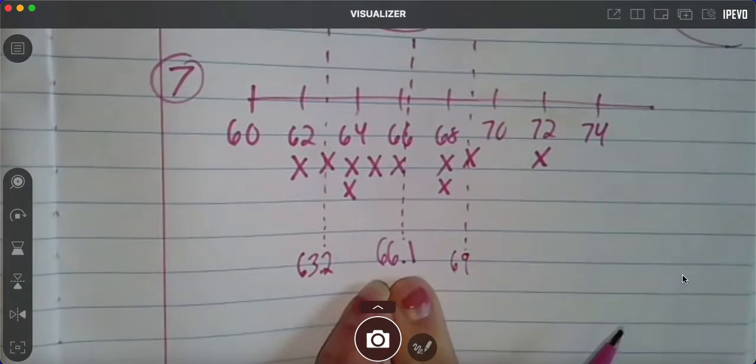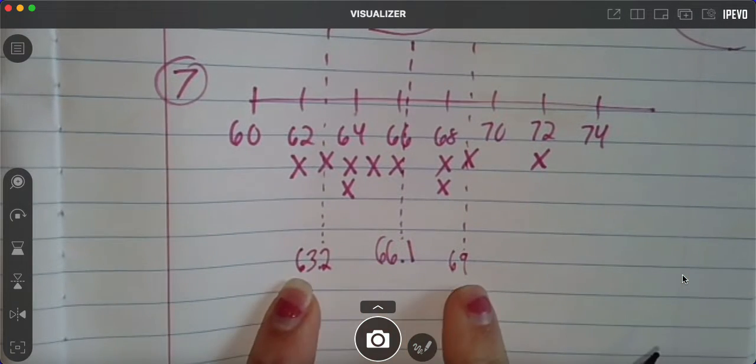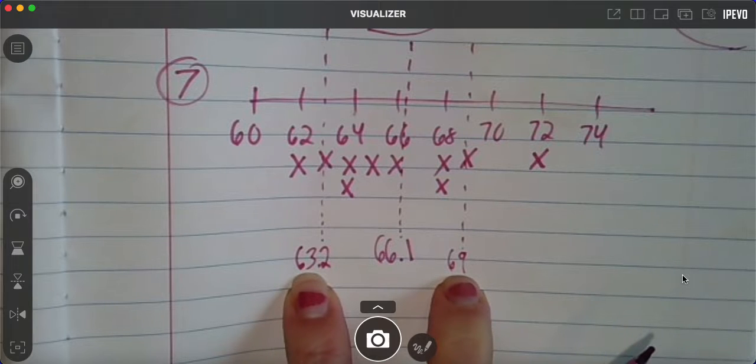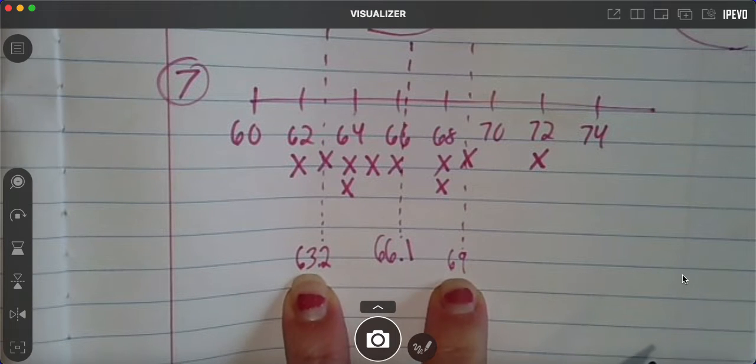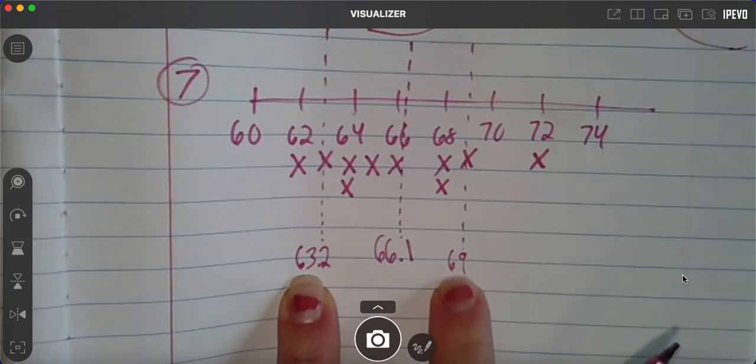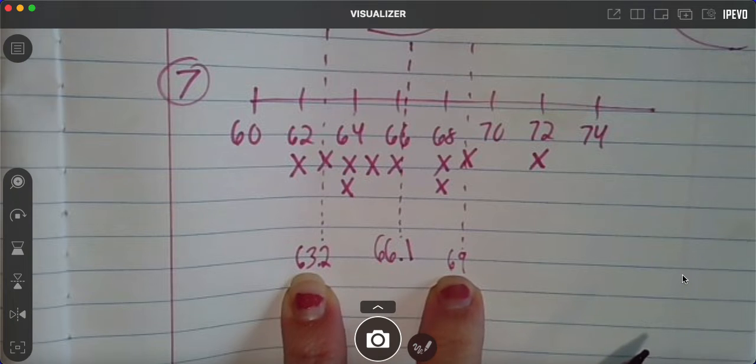Now, from here I went out 1 standard deviation. Does that include all my data within that? No. So my answer is not 1. Guess what I have to do again? I need to add and subtract 2.9 again to see if it includes all my data. So what's 69 plus 2.9?